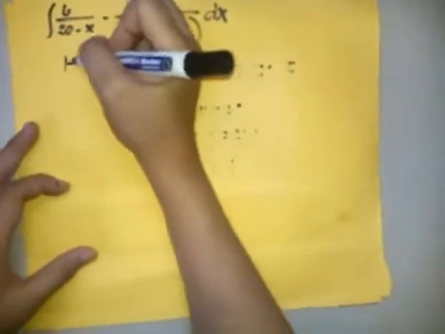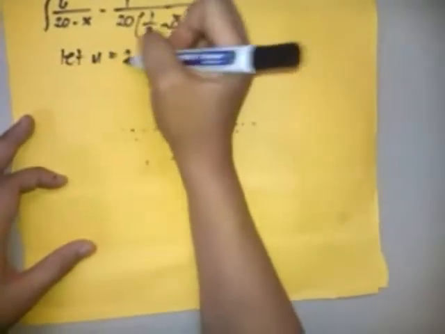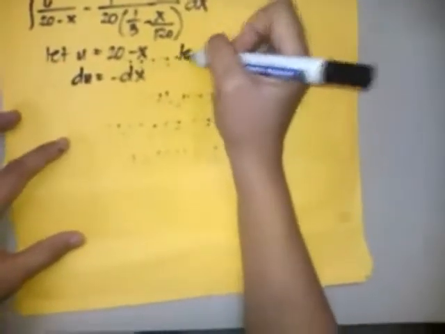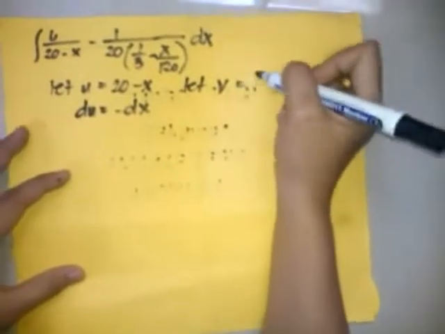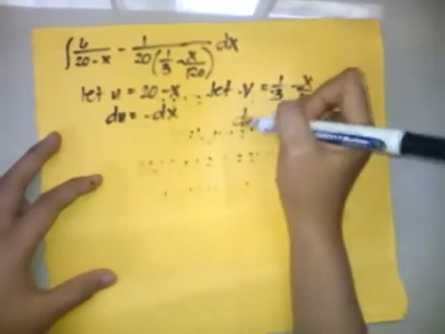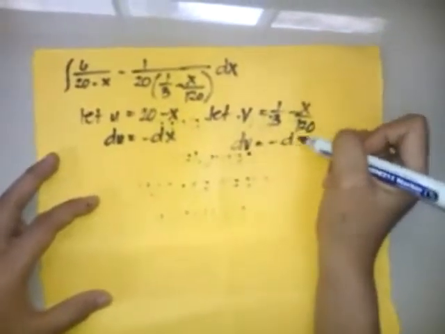Let u equal 20 minus x and du equal negative dx. Let v equal 1 over 3 minus x over 120 and dv equal negative dx over 120.